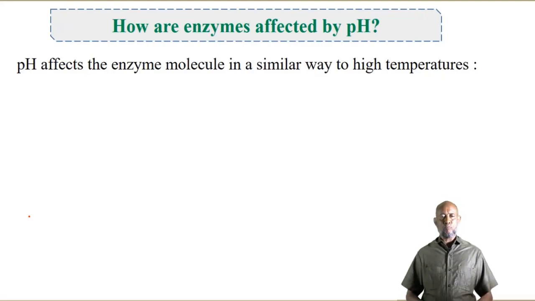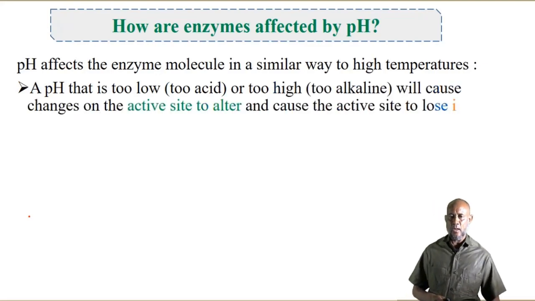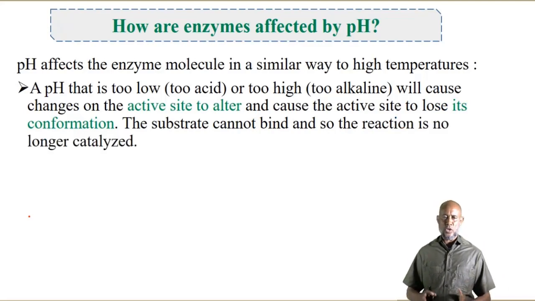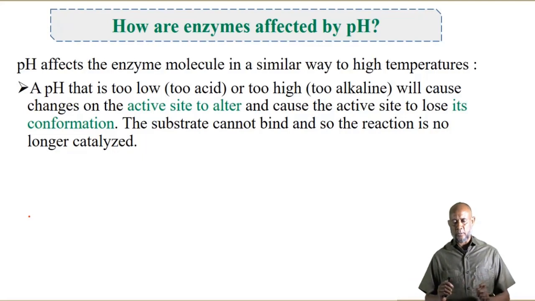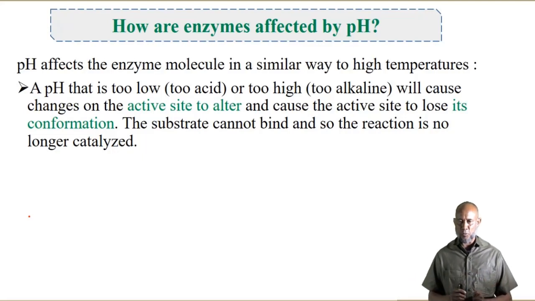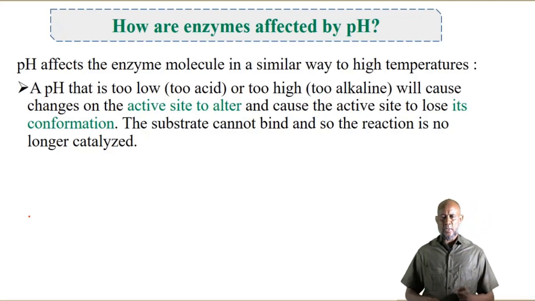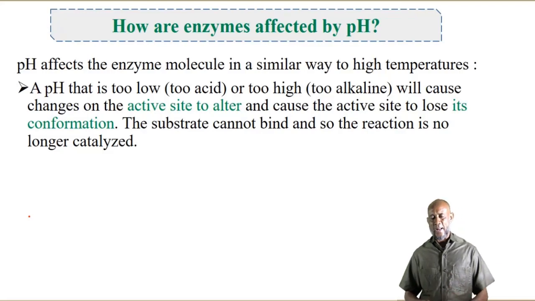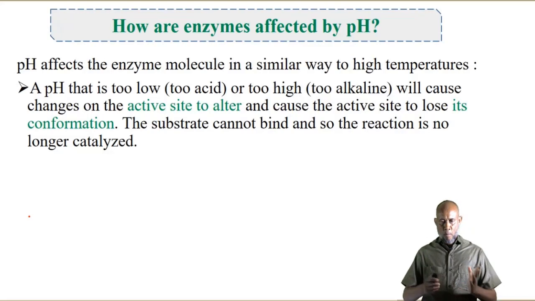A pH that is too low, that is too acidic, or too high, that is too alkaline, will cause the active site to be changed and lose its conformation. The substrate cannot bind, and so the reaction is no longer catalyzed because the active site has changed.